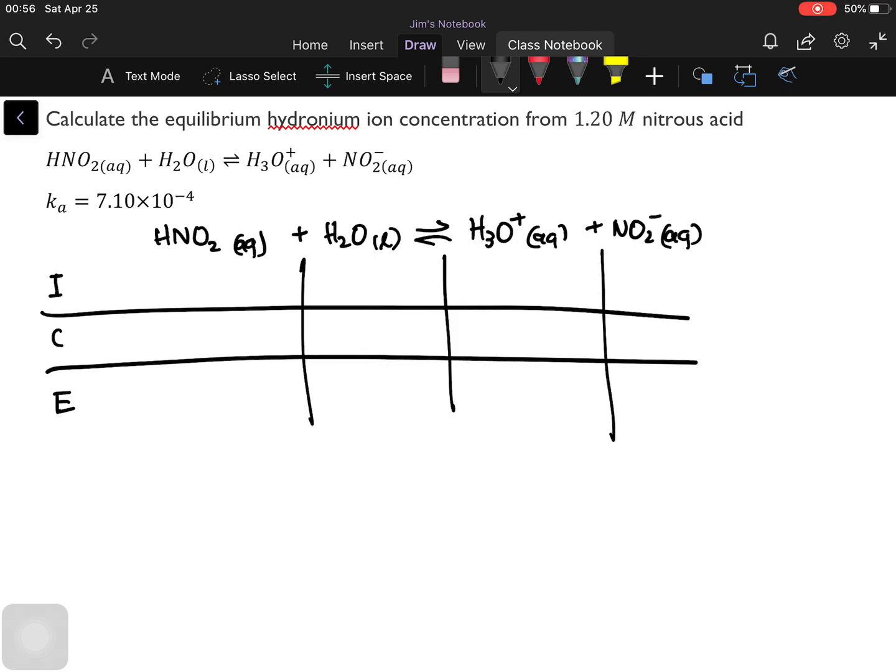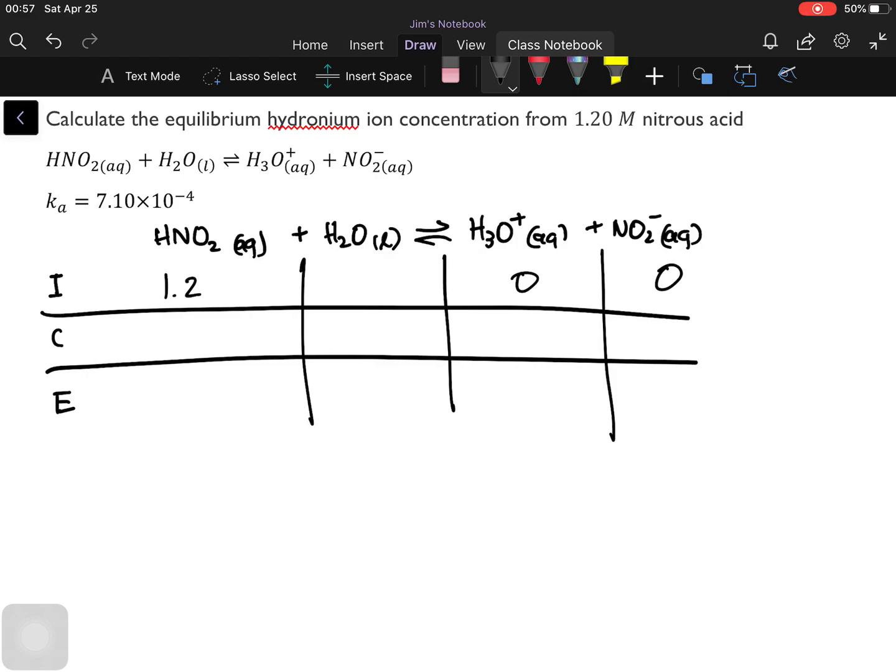Then we're going to plug in all the available information in the problem into the ICE table. According to the problem, we have 1.2 molar of nitrous acid. We're going to transfer that here, 1.2 molar. Then do we have a concentration for hydronium ion? We don't have. Nitrite ion? We don't have that as well.